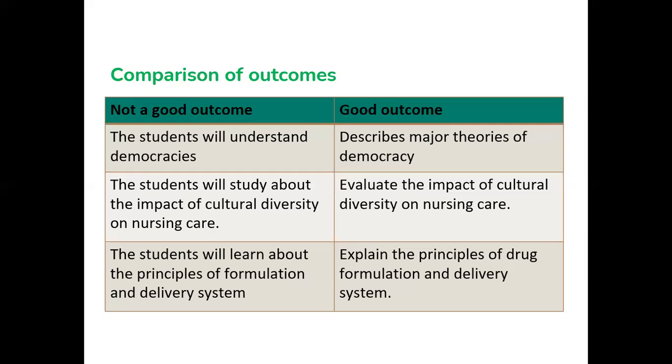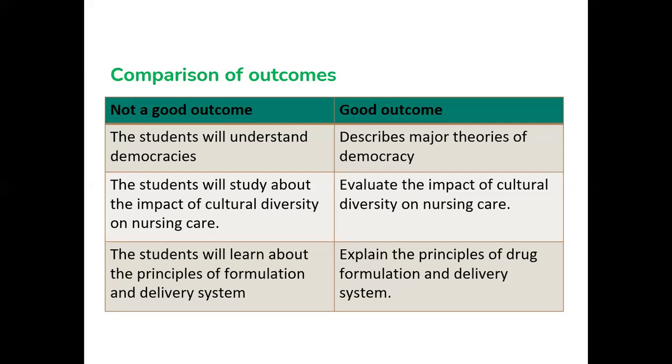That is a good outcome. And the second one, the students will study the impact of cultural diversity on nursing care. Instead, if you say the student will be able to evaluate the impact of cultural diversity on nursing care, that is a good outcome.